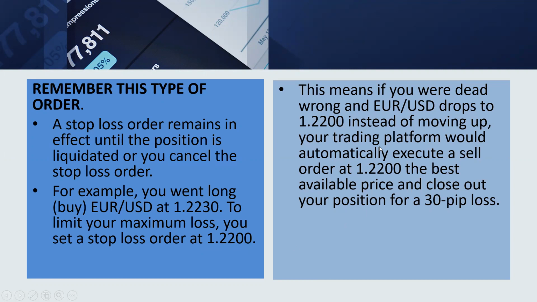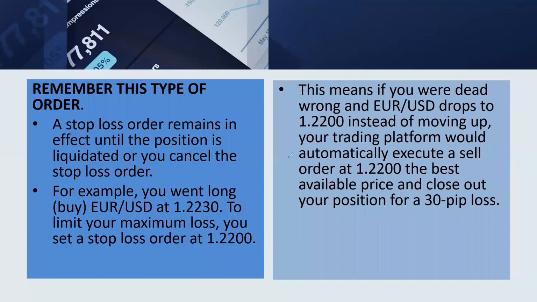So it means that if the market drops below 1.2200, instead of moving up, your platform will automatically execute a sell order at 1.2200 at the best available price and close out your position for a 30 pip loss. So the market will actually take you out on a loss instead of you incurring more losses.